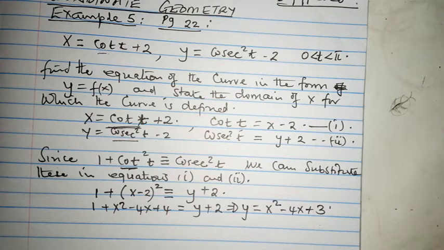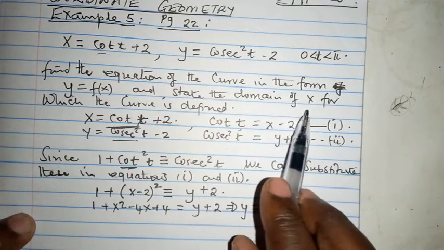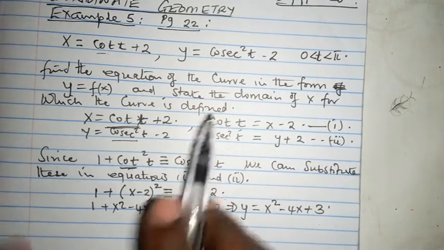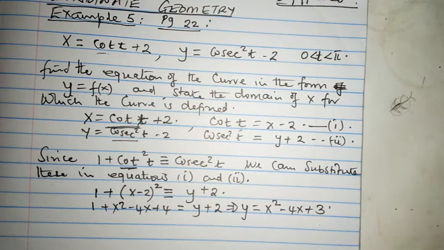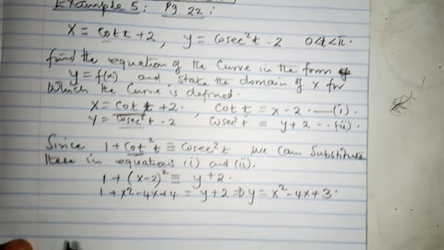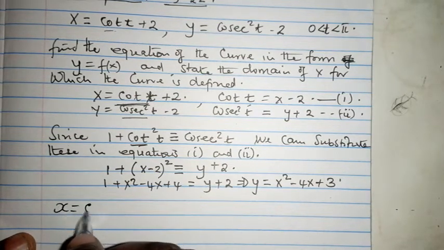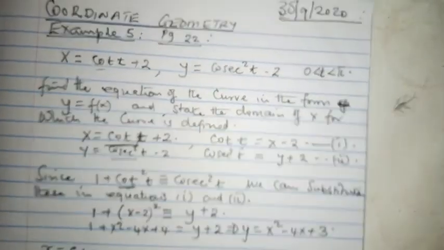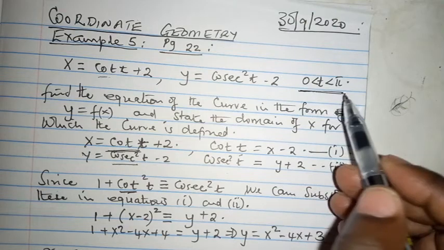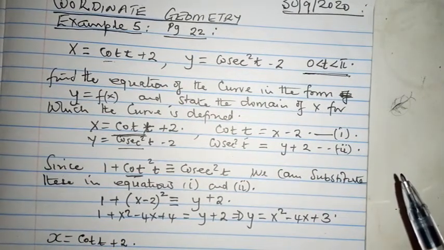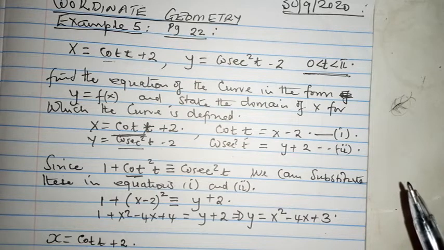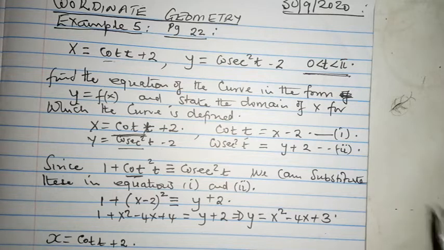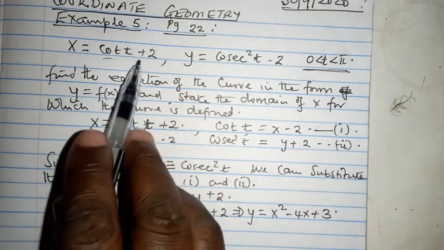Therefore, the range of x, we are supposed to state the domain of x for which the curve is defined. Since x equals cot t plus 2, and t ranges from 0 to pi, both boundaries not inclusive, all those angles between 0 and pi each have a specific cot, and we add 2 to it.